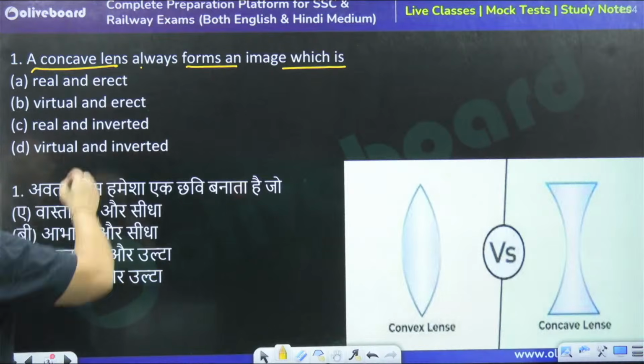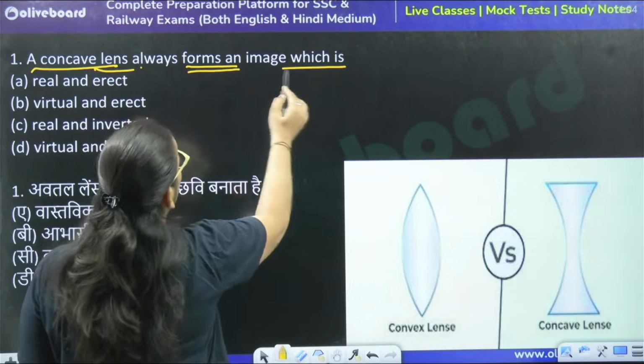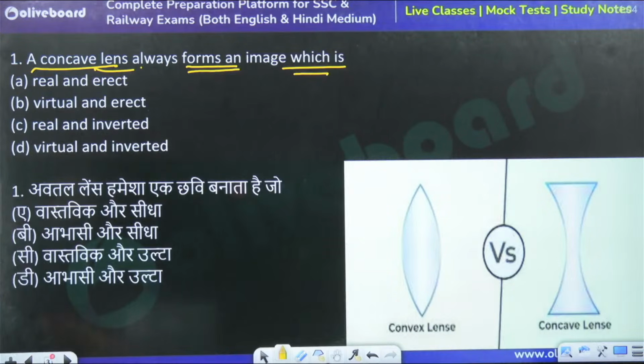The question is, concave lens always forms an image which is? Answer please. Anyone? Any inputs regarding this?